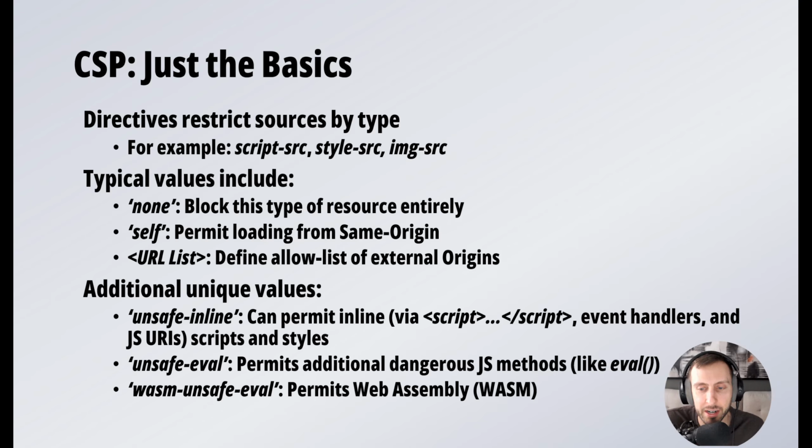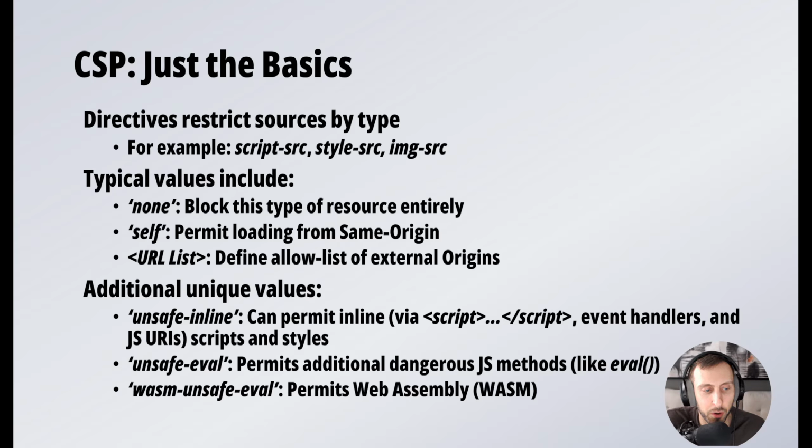It also blocks event handlers and JavaScript URIs if you don't include unsafe inline. Including unsafe inline for script source lets you include those in the document. And as a result, because a lot of applications traditionally have a lot of inline script, it's very common to see unsafe inline permitted within content security policies, which of course largely undermines the efficacy, which we will talk about.